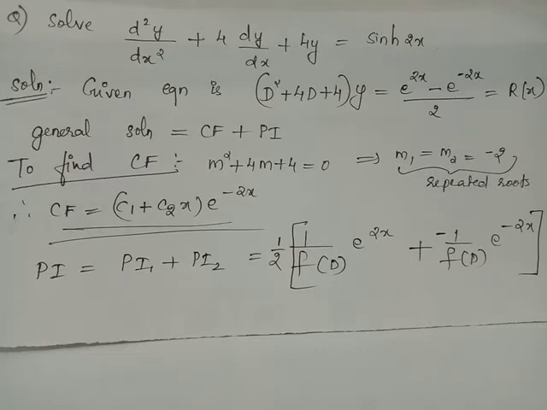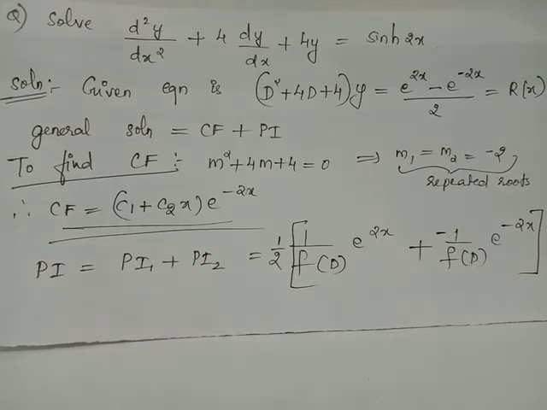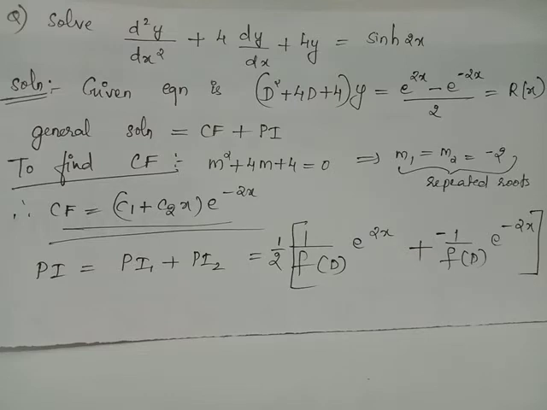Now we have to find the particular integral. We have sinh 2x also written as (e^(2x) - e^(-2x))/2. Therefore, the particular integral will be evaluated as PI1 and PI2, where PI1 = 1/2 times 1/f(D) acting on e^(2x), and PI2 = -1/2 times 1/f(D) acting on e^(-2x).